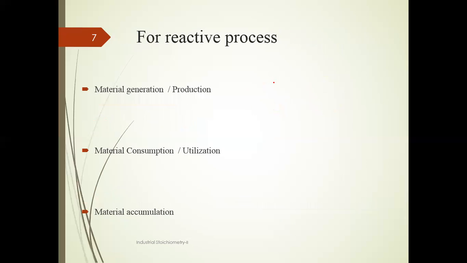For a reactive process, you have to keep some important terms in your mind. For a non-reactive process, it was clear that there would be no generation term, no production term, because no materials are generated within the system; there was no reaction in the plant. But for a reactive system, as your reactants transform into products, there will be material generation, meaning you are producing some products.